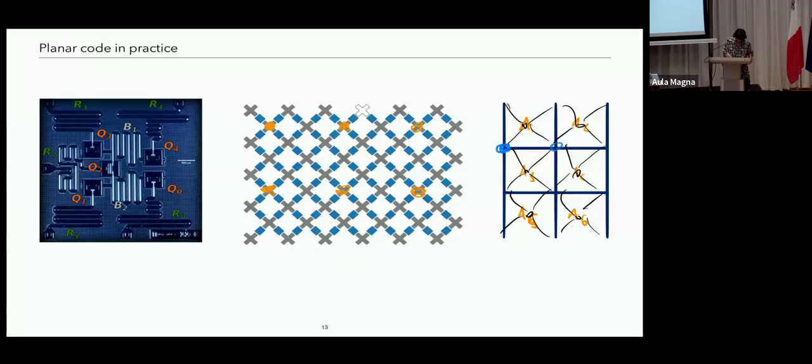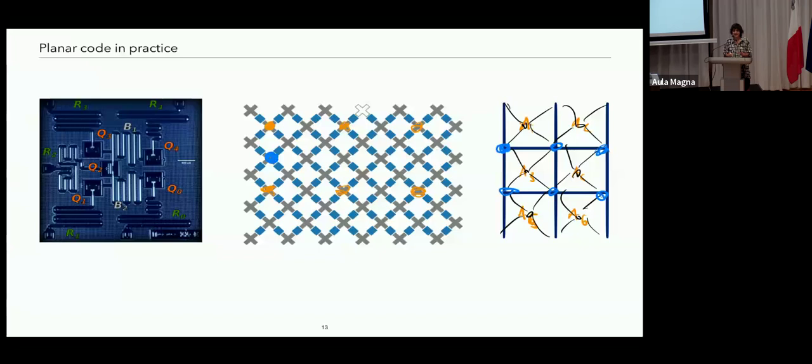If I want to measure this one, I don't want to go into the details because I'm going to draw something wrong.